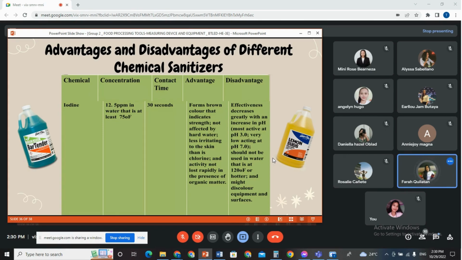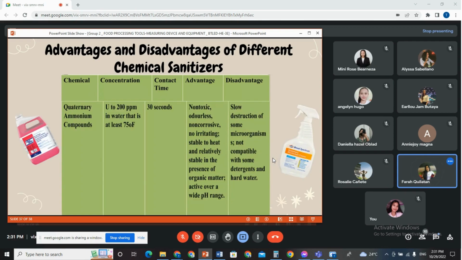Its disadvantage is that the effectiveness decreases greatly with an increase in pH. It is most active at pH 3.0, and very low acting at pH 7.0. It should not be used in water that is at 120 Fahrenheit or hotter and might discolor equipment and surfaces.